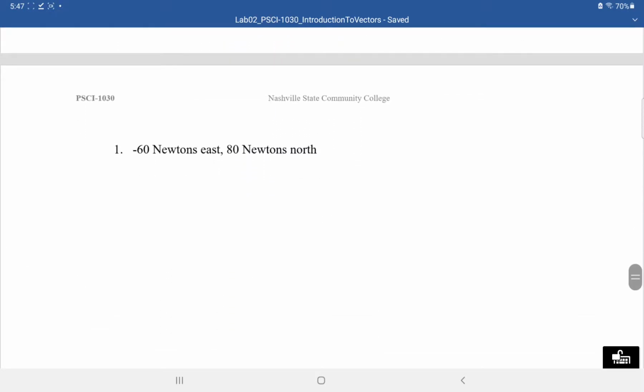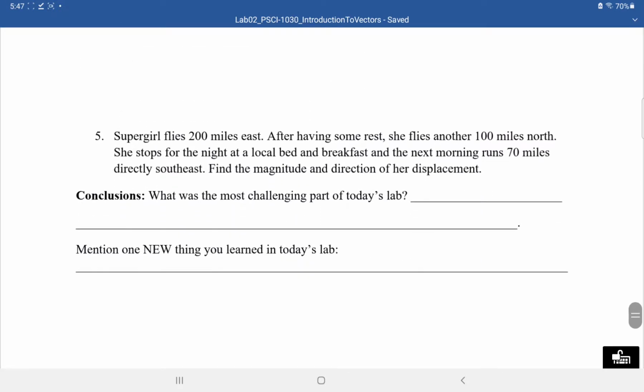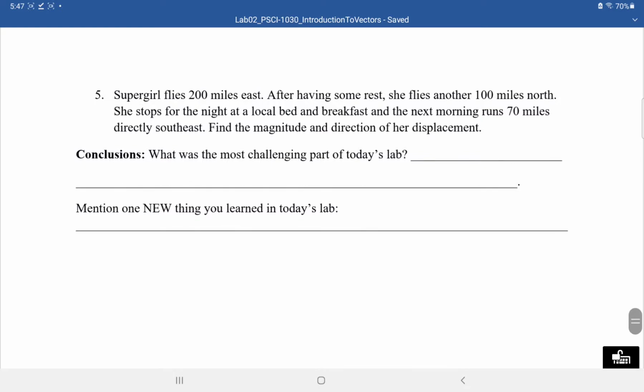Similarly you can draw these vectors and add them by using the Pythagoras theorem. You can add these vectors because when vectors are perpendicular to each other, you can simply use the Pythagoras theorem. So here is the last question.